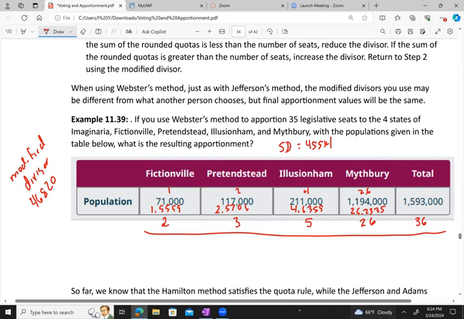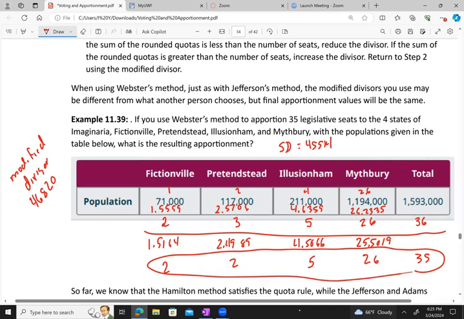This gives me my second set of quotas of 1.5164, 2.4989, 4.5066, and 25.5019. So rounding, this would round up to 2, this would round down to 2, this would round up to 5, this would round up to 26, and we would end up with 35. And there we go.